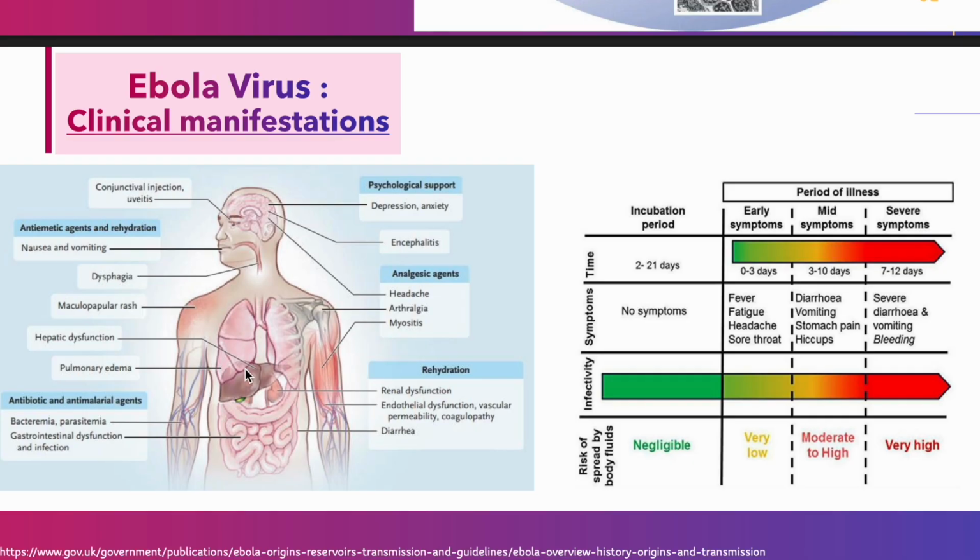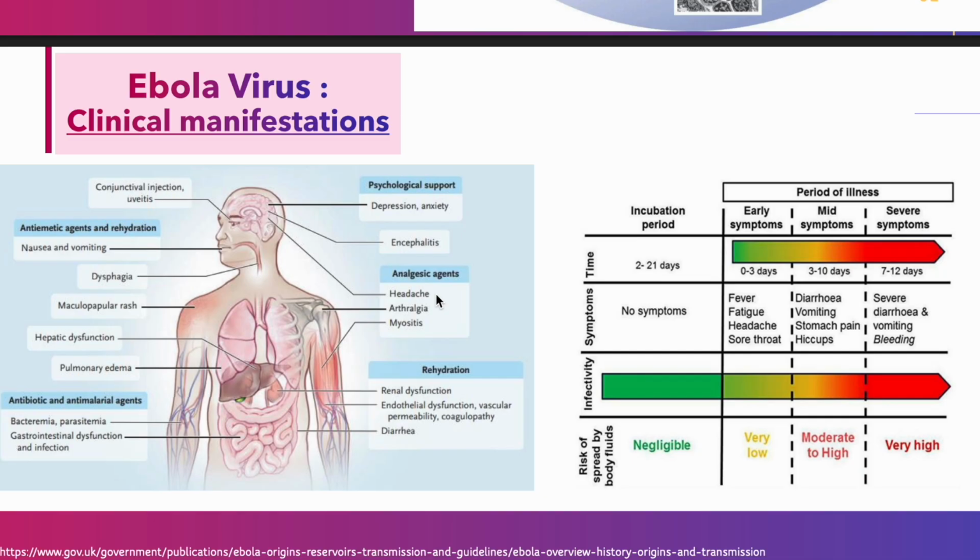Then hepatic dysfunction, pulmonary involvement in the lung, and psychological symptoms like depression or anxiety, and it goes to the brain to cause encephalitis.